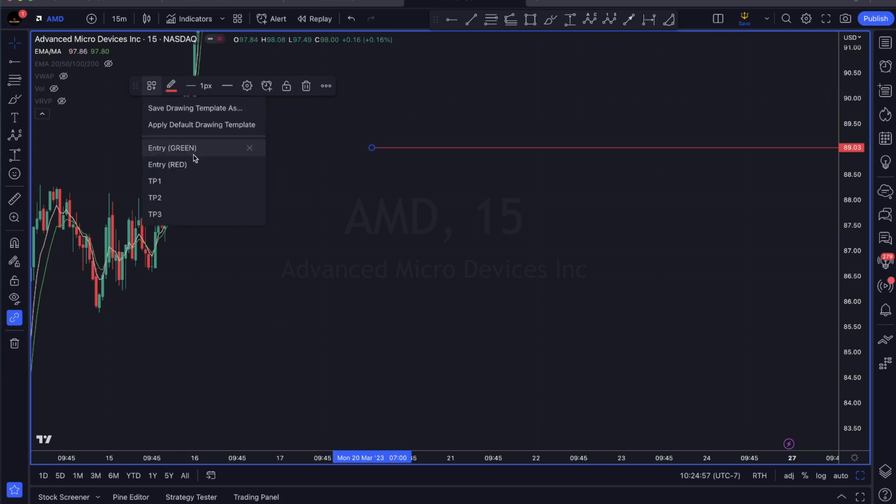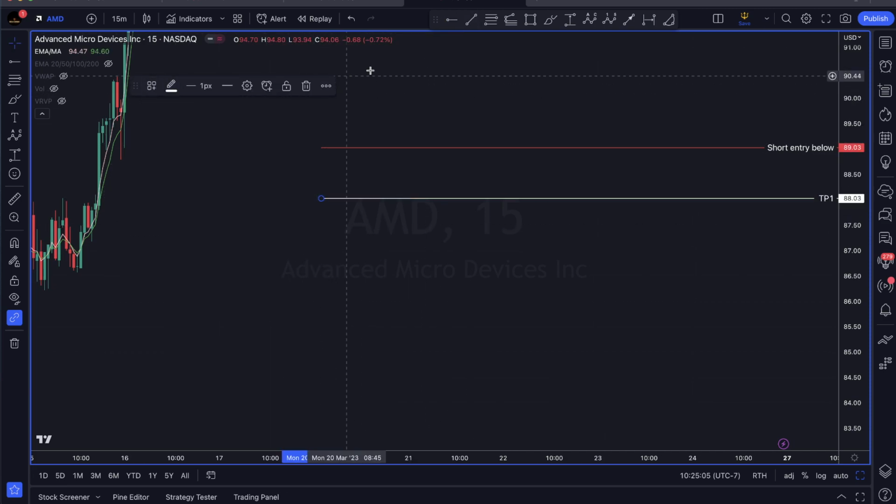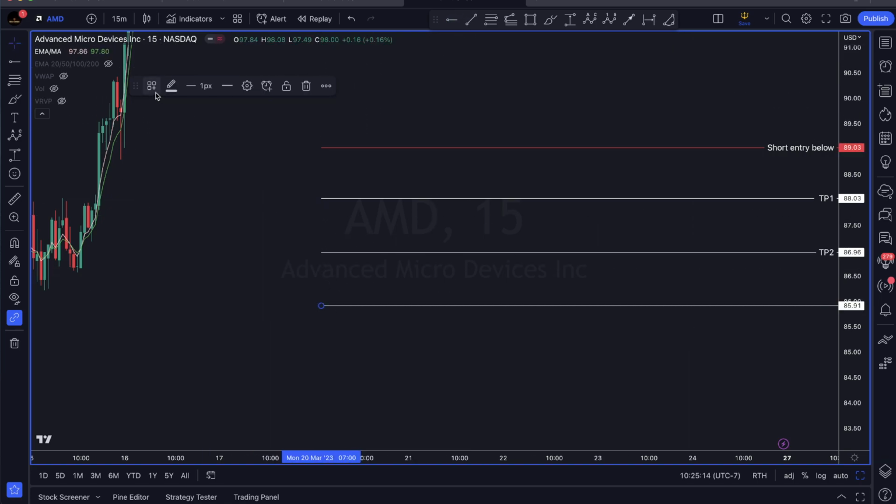This one would be, let's say, shorts below, right? Short below this one, and then my next level would be TP1. This is my take profit level one, and if we break TP1, then it's going to go further down.